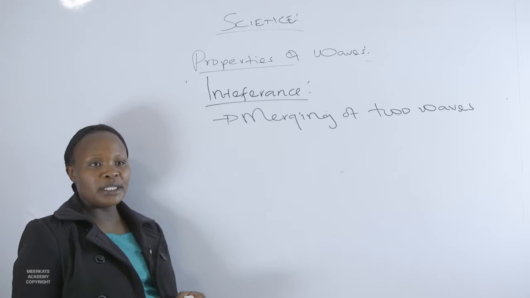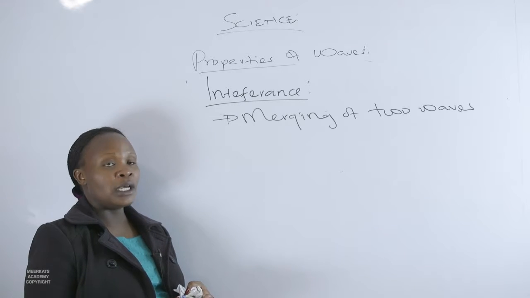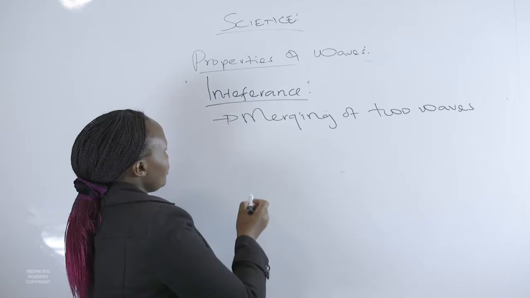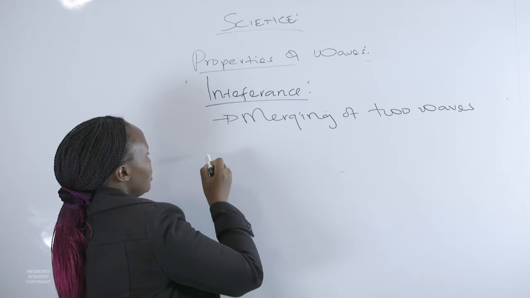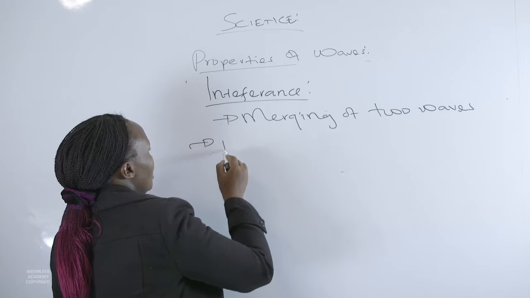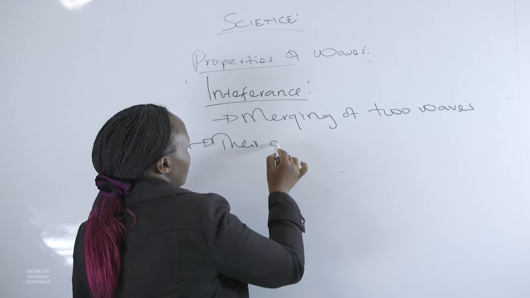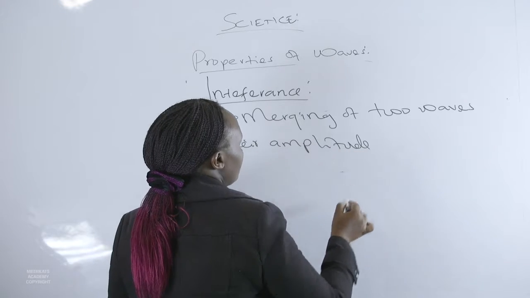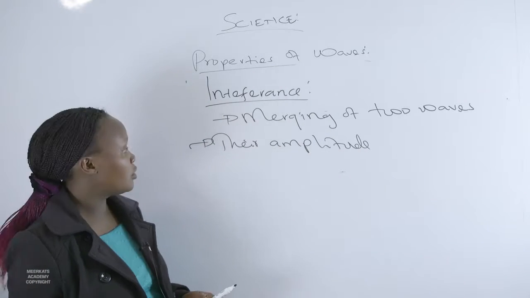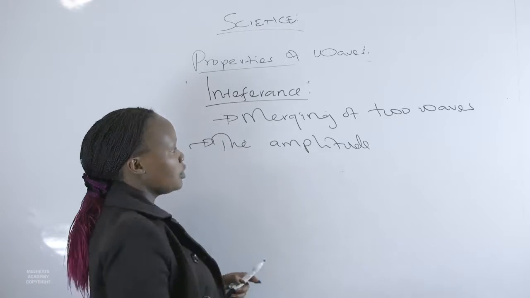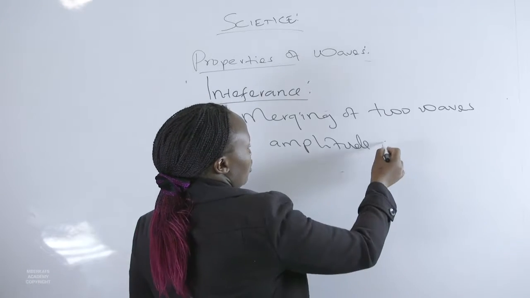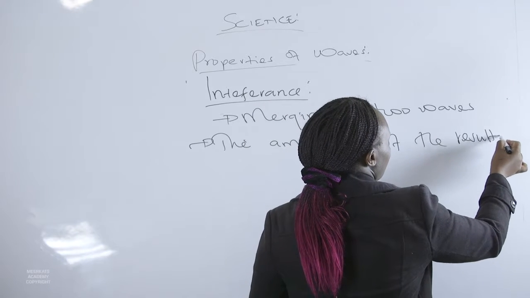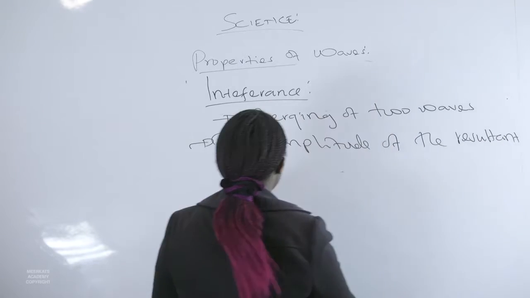When two waves meet, we expect that they are going to merge and there will be some effect. Now, what we are supposed to note is the amplitude of the resultant wave.